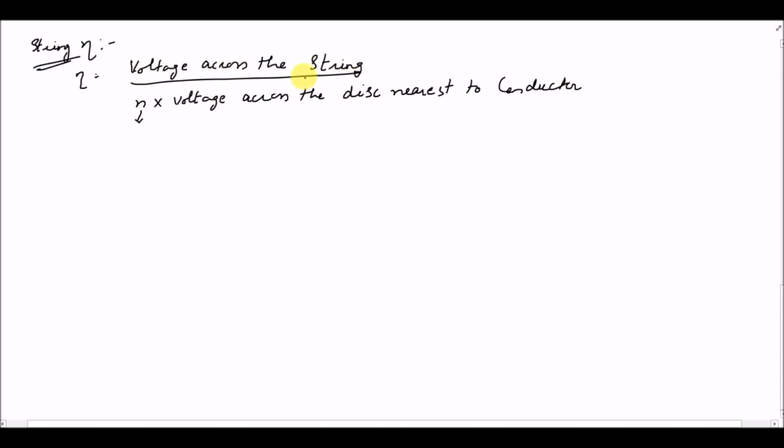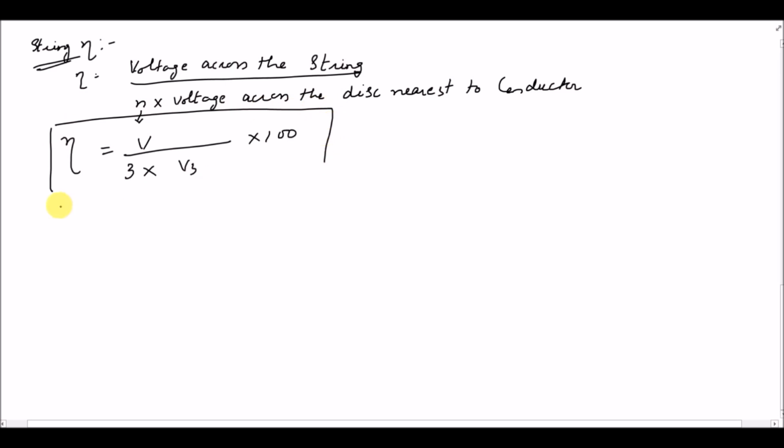The voltage across the string is V. The total number of discs is 3, and the voltage across the disc nearest to the conductor is V3. Efficiency is in percentage, so it is multiplied by 100. This is the string efficiency for this particular example.